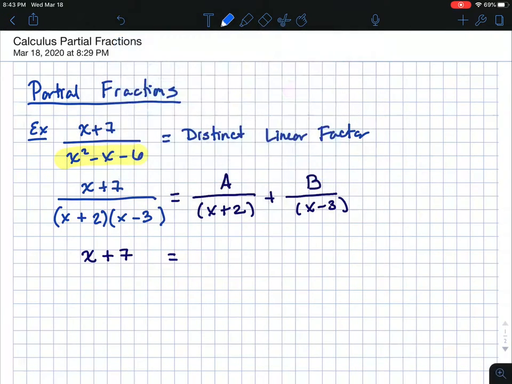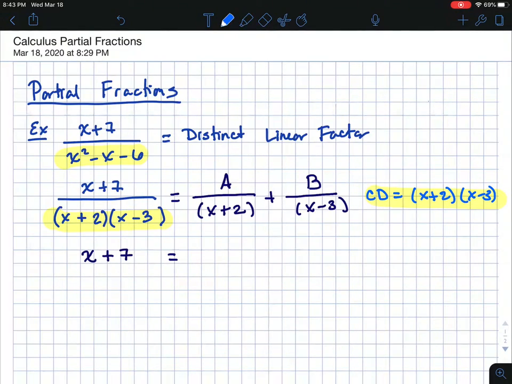In this case, our common denominator is going to equal x plus 2 times x minus 3, which of course is the same thing as this. But we don't really want this denominator anymore.